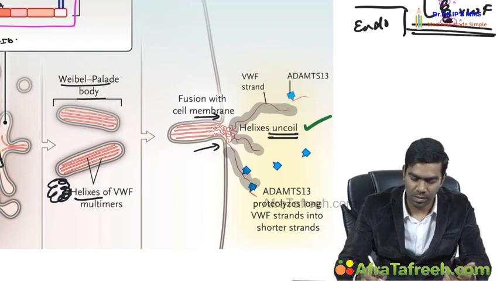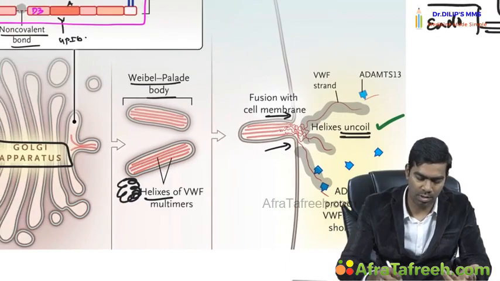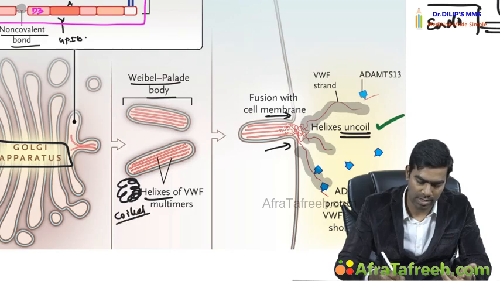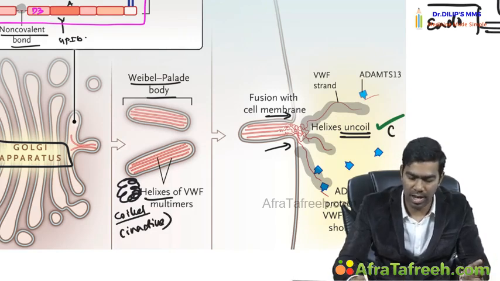Clear? One important point to notice: remember that the coiled von Willebrand factor helices are inactive. They cannot be active, and the uncoiled von Willebrand factors are the active forms.